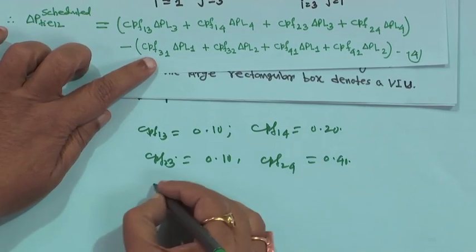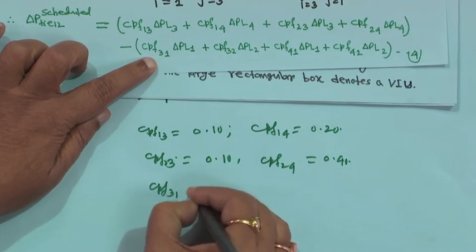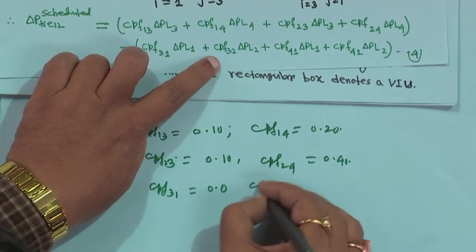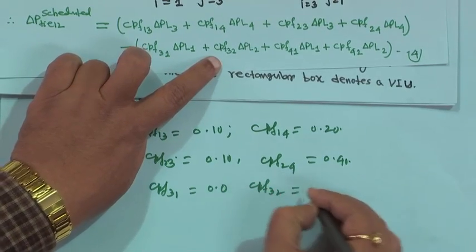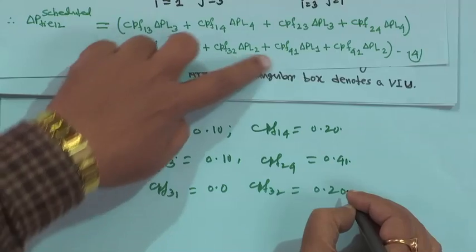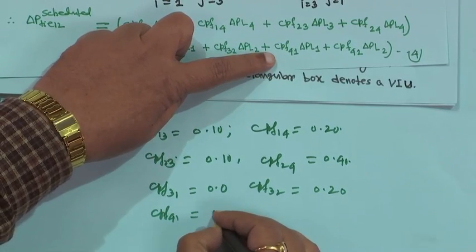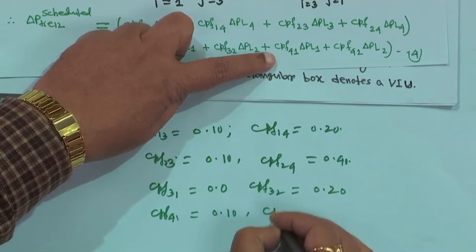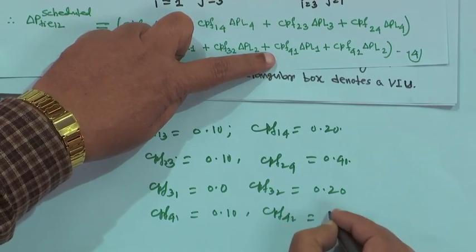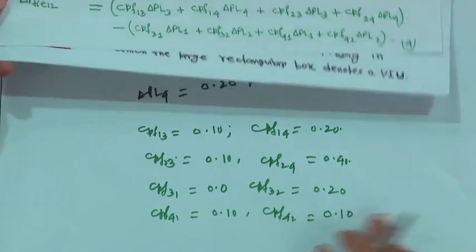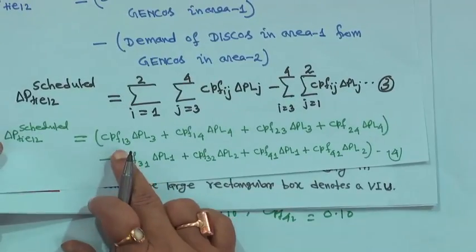Similarly, CPF 31 is equal to 0, CPF 32 is 0.20, then CPF 41 is 0.10, and CPF 42 is 0.10. If it is so, then what will be my scheduled tie-line power flow, right.